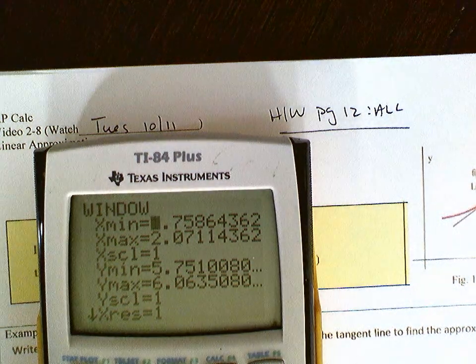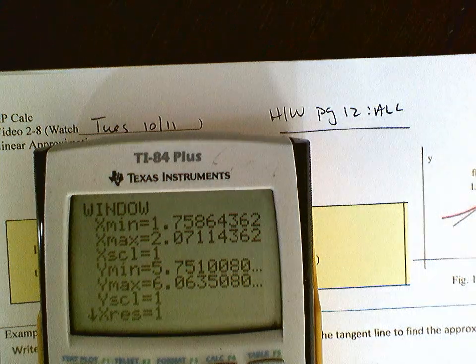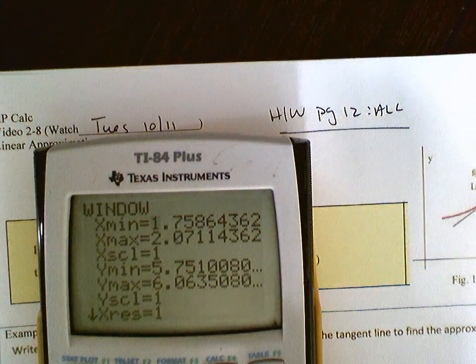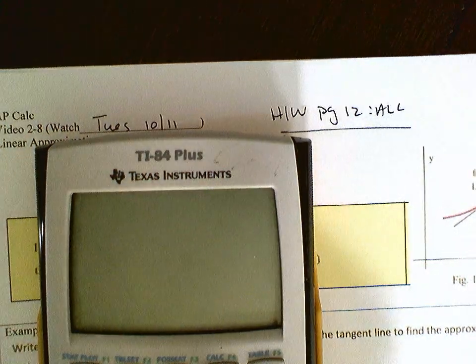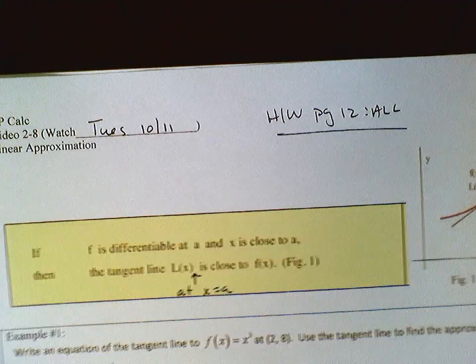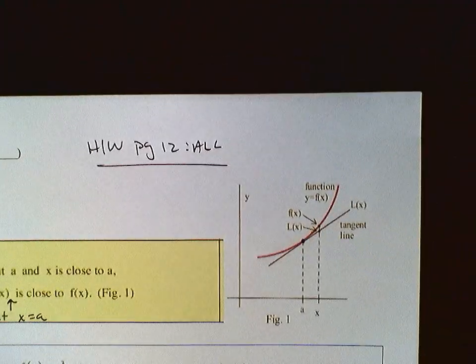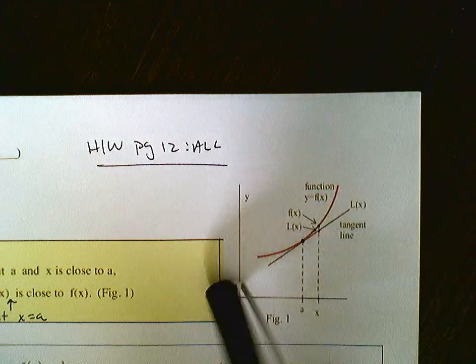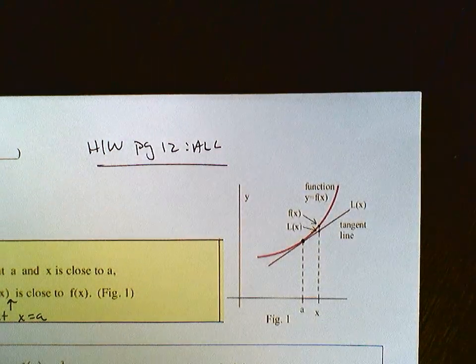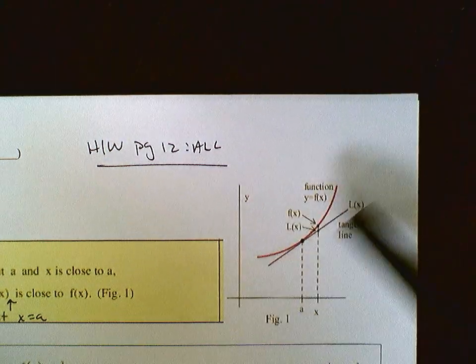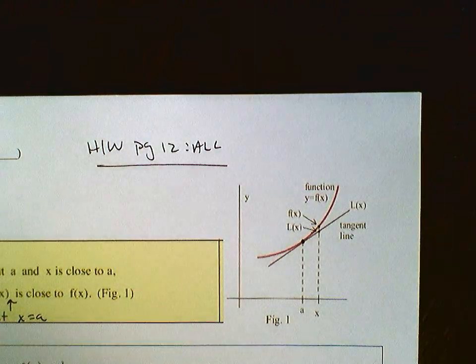All right, so I just wanted to point that out to you because that concept of local linearity is the basis behind what we're doing today. Okay, here we go. So off to the side, we have this function, f of x, and we have the tangent line, which they are calling L of x.